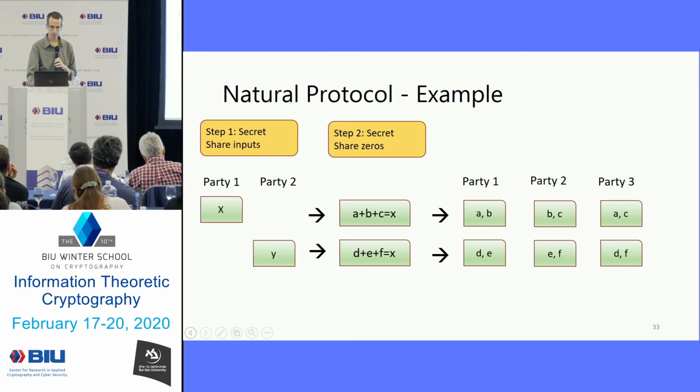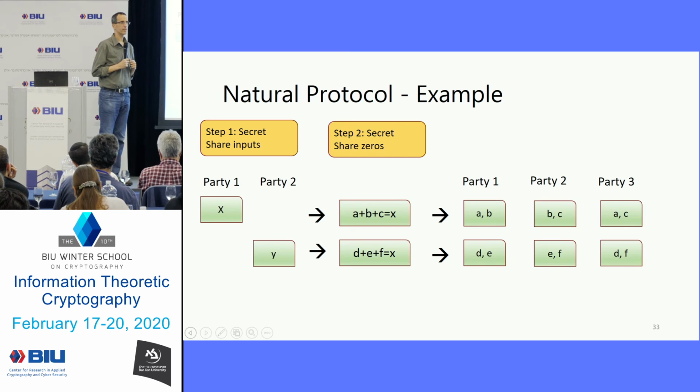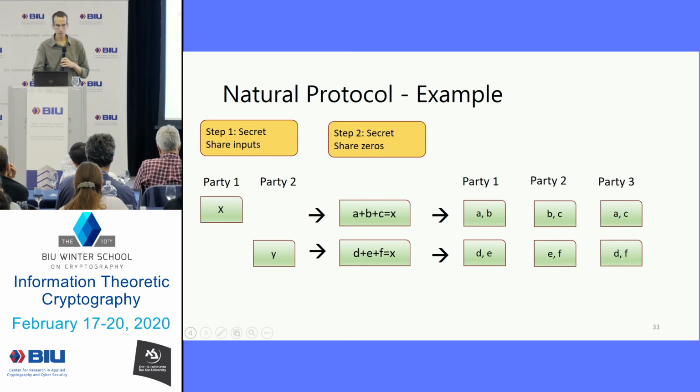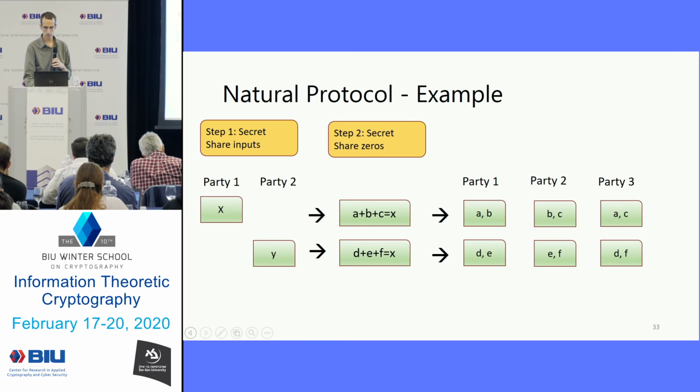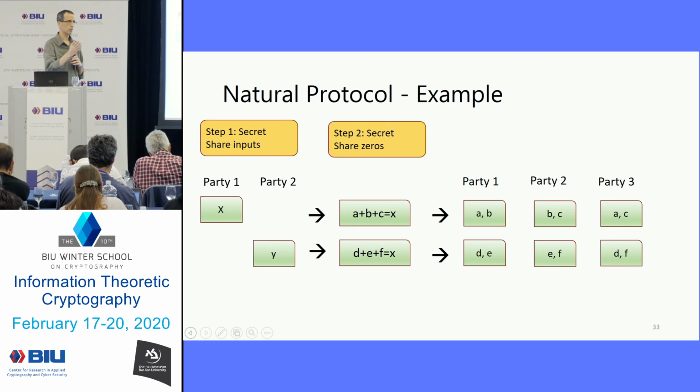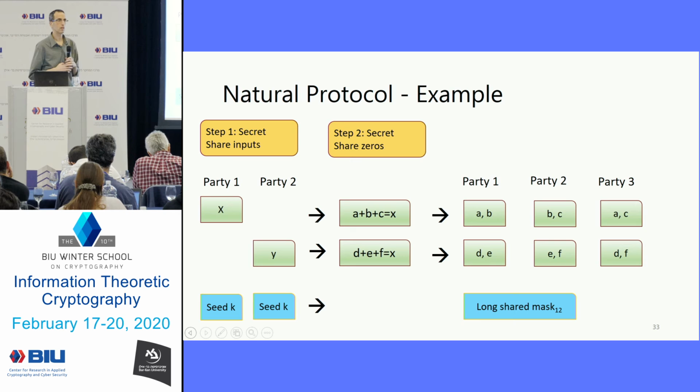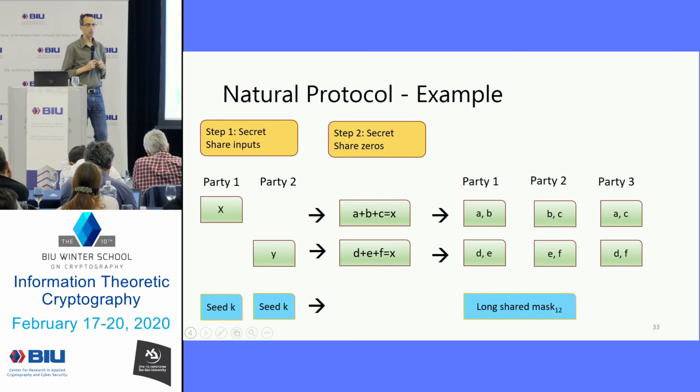Step 2 of the protocol is to secret share zeros. This can be done information theoretically, but in that case, our efficiency is slightly worse. I was given a waiver from the organizers to use random oracles. I'm going to call the random oracles pseudo-random generators.